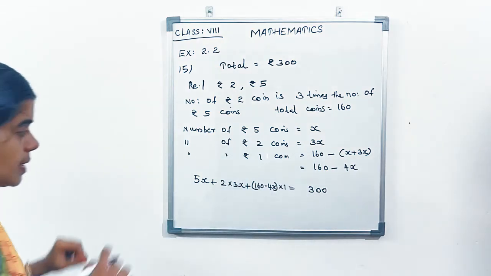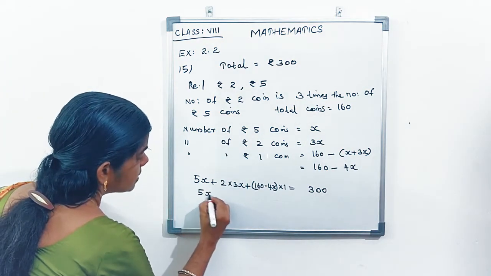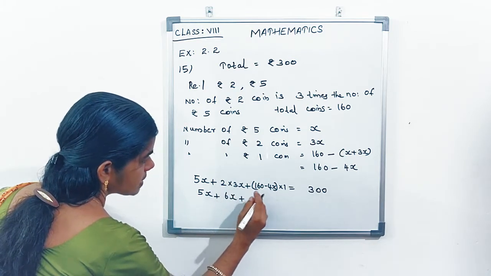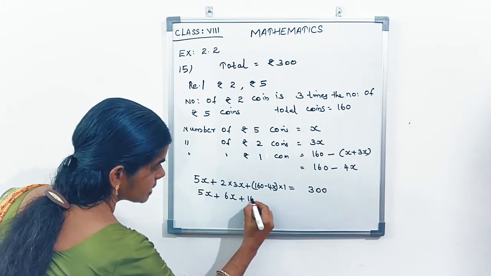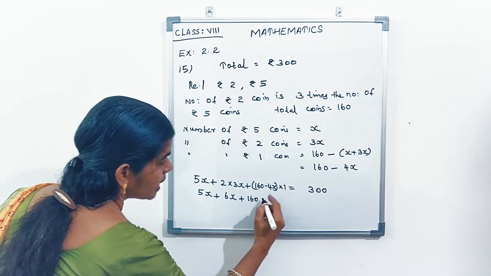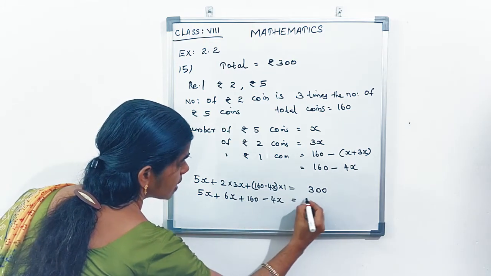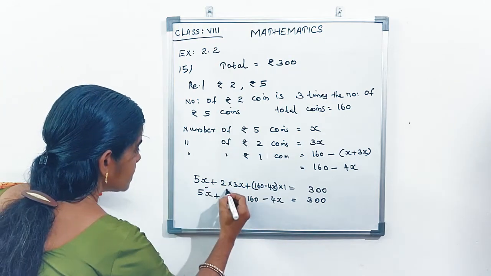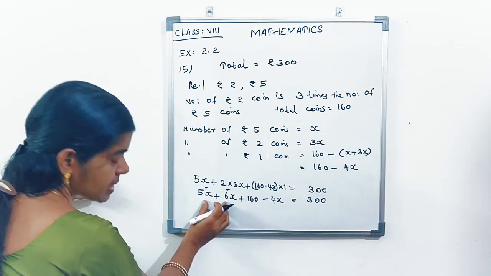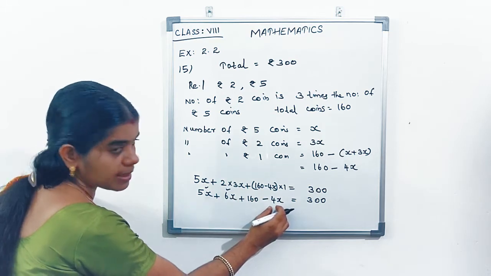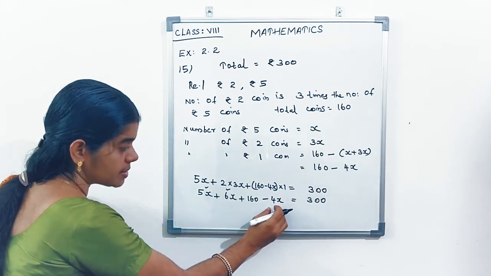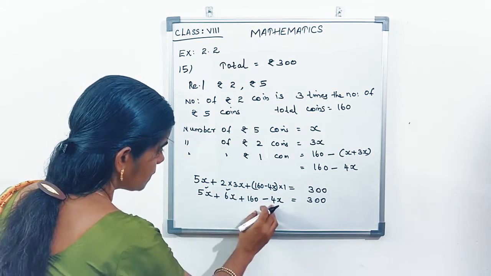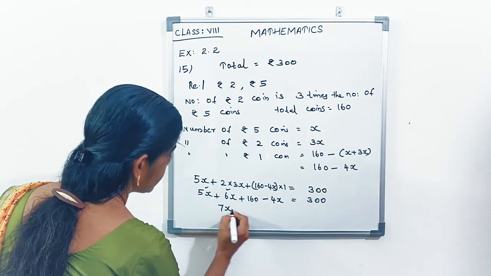Then 5X plus 6X plus 160 minus 4X is equal to 300. 5X plus 6X is 11X, and 11X minus 4X is 7X.